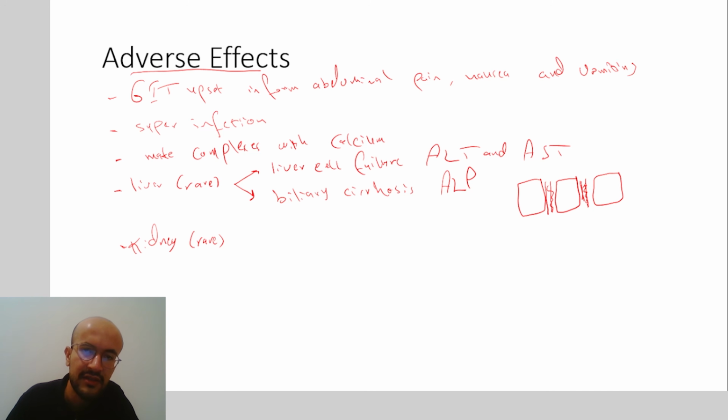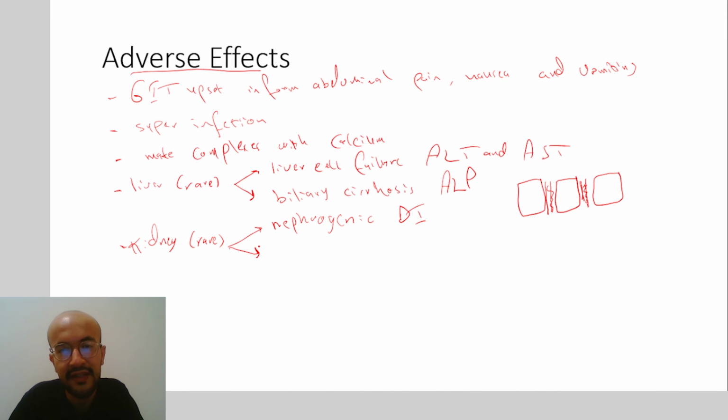When the ADH is working on the V2 receptors, this will lead to reabsorption of more water, and if the V2 receptors are blocked, this would make the ADH useless and would lead to polyuria and a nephrogenic type of diabetes insipidus. So the first side effect for the kidney is nephrogenic DI, due to the blockage of the V2 receptors in the collecting duct.